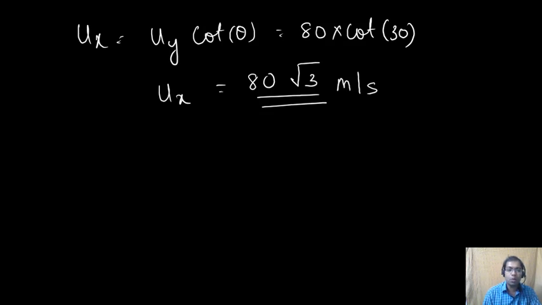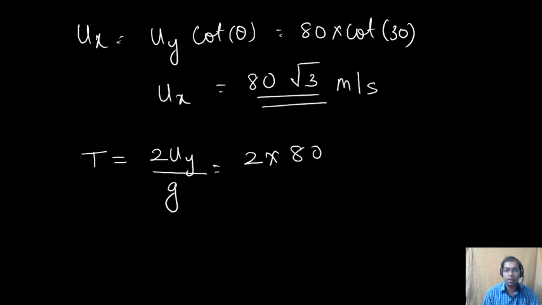Now if you look at the total time of flight, we can get it using this expression: 2 times uy by g, which is nothing but 2 into 80 by 9.8, which we will get around 16 seconds.